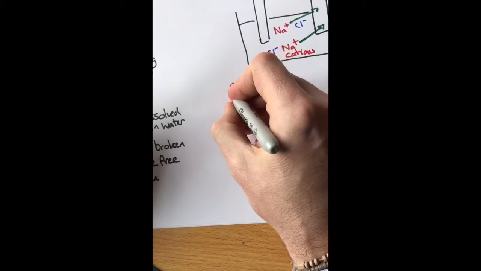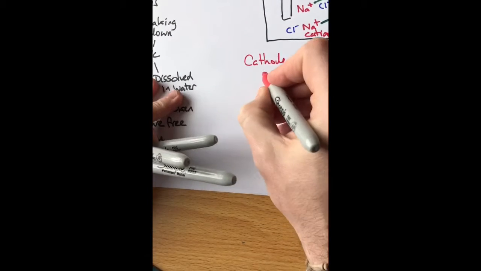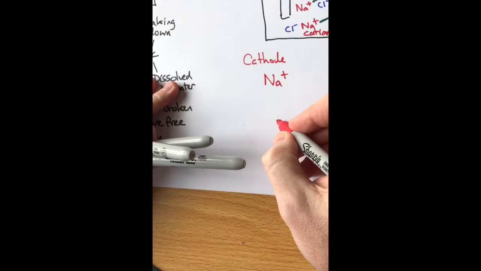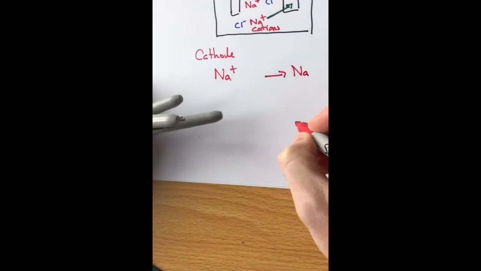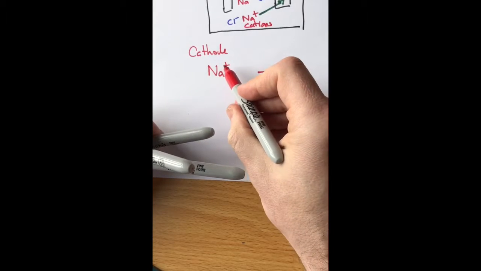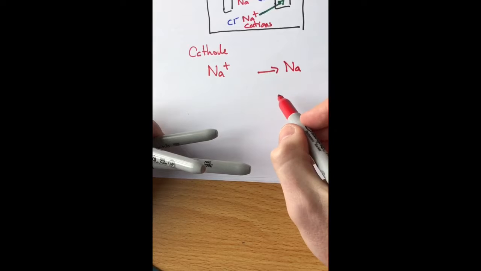So at the cathode, let's have a quick look down here. What's going on at the cathode? At the cathode, the sodium ions are arriving, they're migrating towards there. And what we want to be able to do to these ions is convert them into sodium atoms. How do we get something that's positively charged and make it become an atom which has no charge?